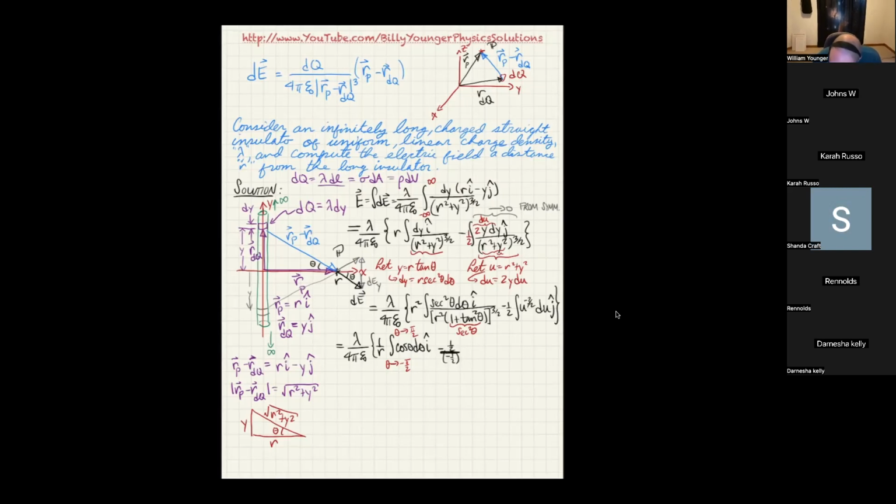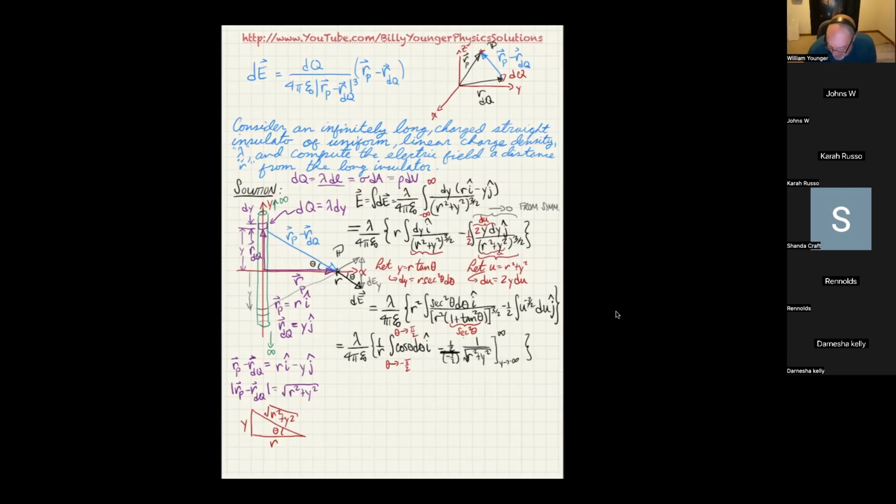And what we're ultimately going to get is basically just u to the negative 1/2 power. So this would be 1 over r squared plus y squared to the 1/2 power. And this one I'm going to evaluate from y approaching negative infinity to infinity. And that's my curly brackets.